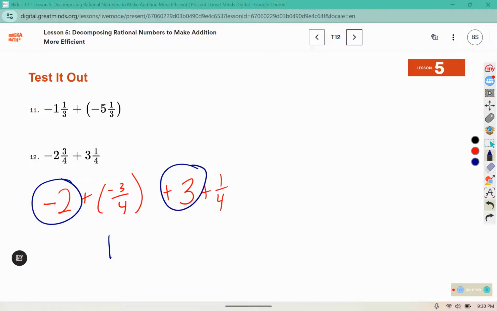This one we would go backwards 3/4 and forward 1/4 for a total change of backwards 2/4. If I have 1 and I go backwards 2/4, we can rewrite the whole as 4/4. And then if we go backwards 2/4, that leaves us at 2/4, or we can rewrite it in reduced form as 1/2.